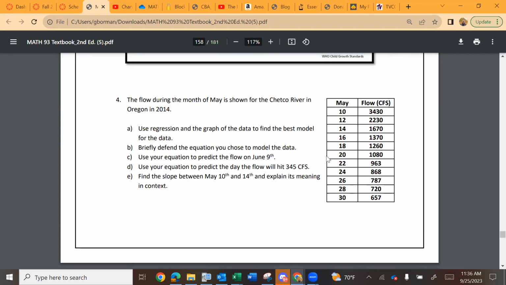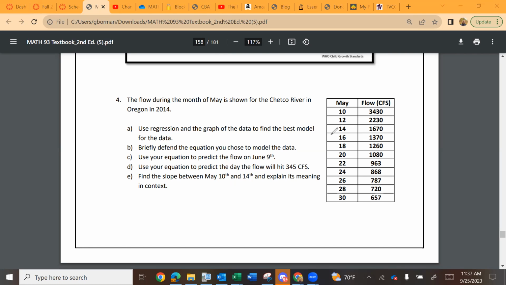So, I mean, I'm no river engineer, but would it make sense for it to get lower, and then pop back up like a quadratic? I kind of doubt it. I mean, after all, there's only one more day in the month, and it still hasn't started popping up. So, I don't think quadratic is going to cut it. All right, it just doesn't make sense. And we already ruled out linear because it's not a straight line pattern.